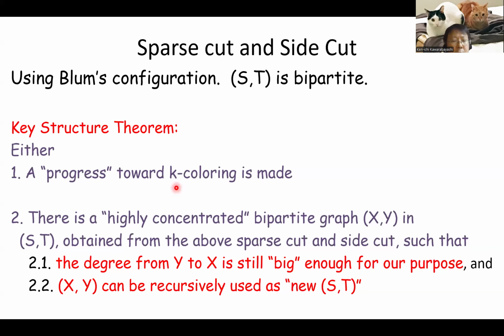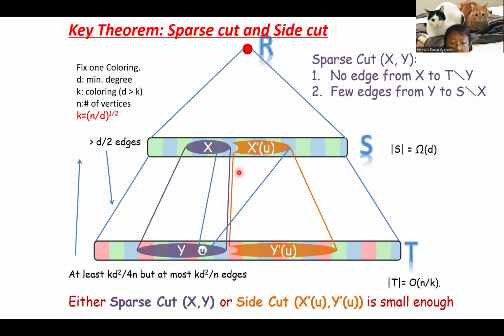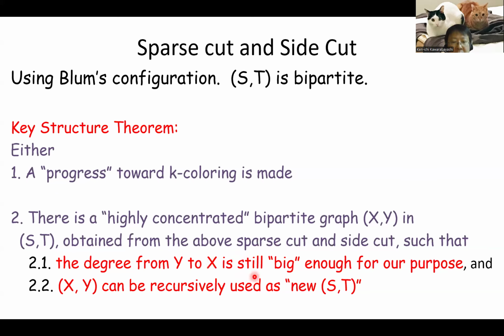With the sparse cut and side cut, we get the following. Either we can make progress toward k-coloring, or otherwise the side cut gives us something like a bipartite graph, x and y, such that the degree from y to x is still big enough for our purpose.